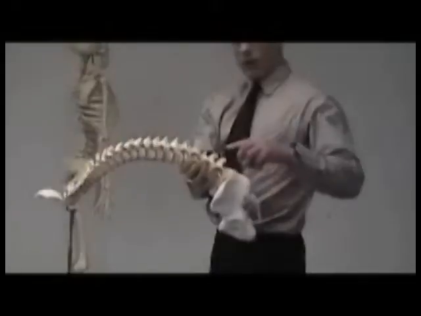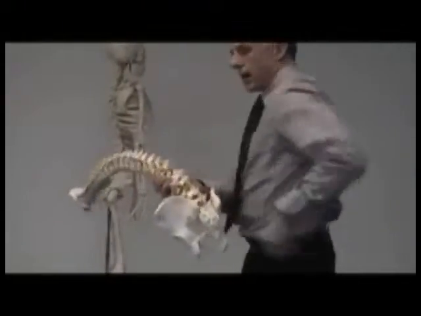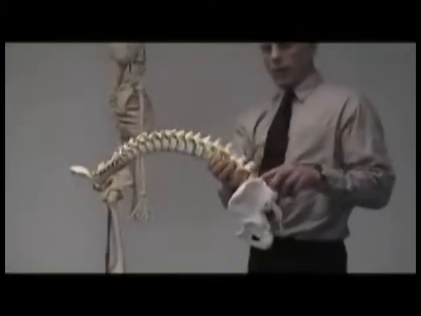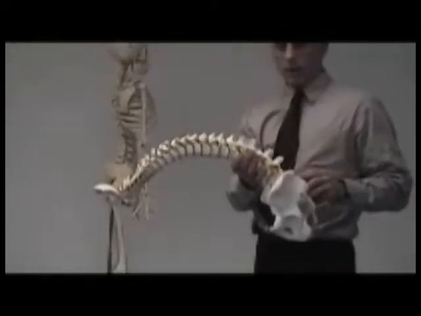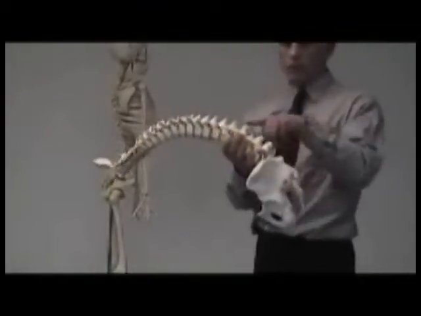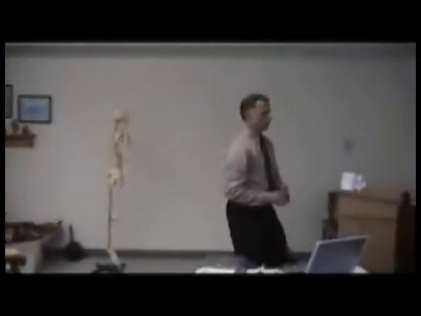Things round out. These are called spinous processes. These bumps, you can feel them right up and down your back with your thumb or your finger if you like. They separate. It's just basic physics and mechanics of the back. But something very key happens when your back rounds out this way. Let's look at the disc and see what happens.